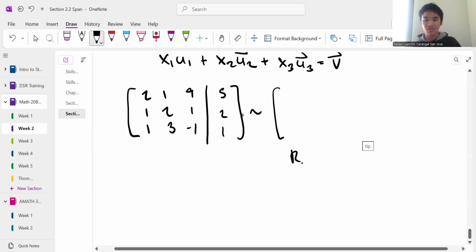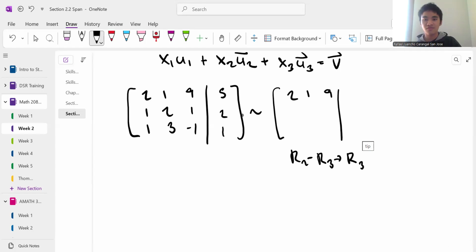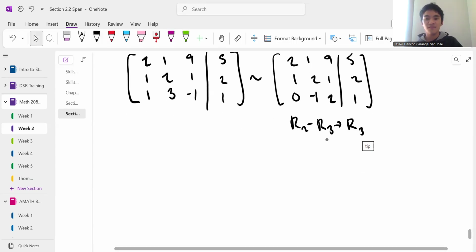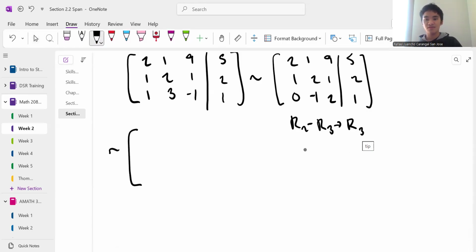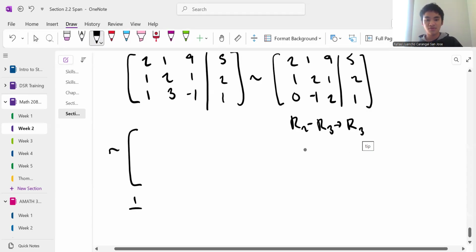So let's do row 2 minus row 3. Okay, let's keep going. So what can we do?